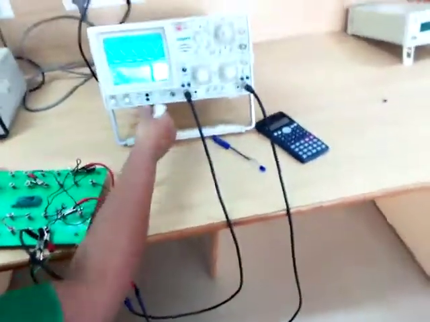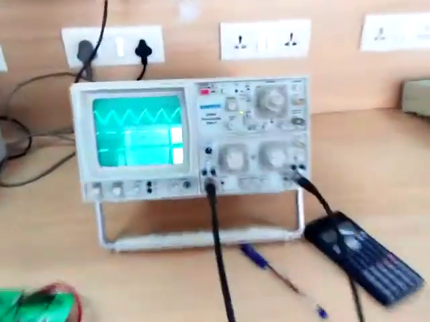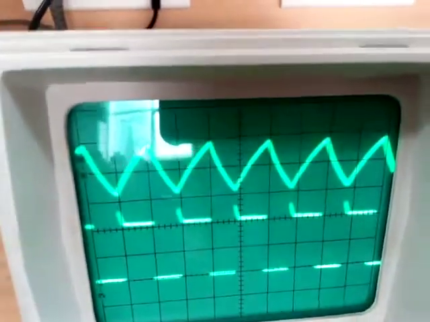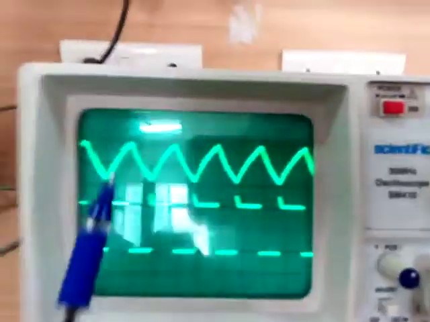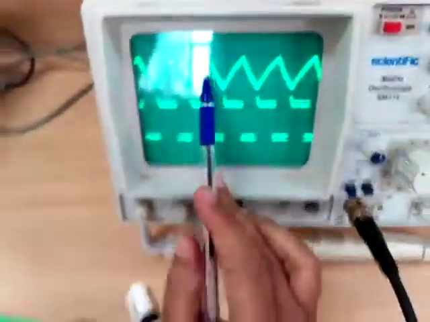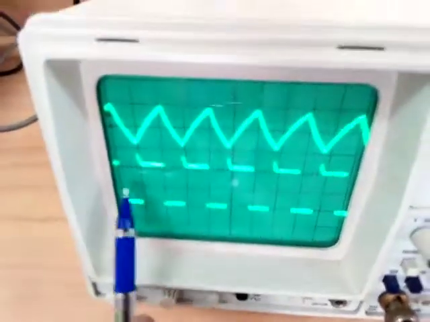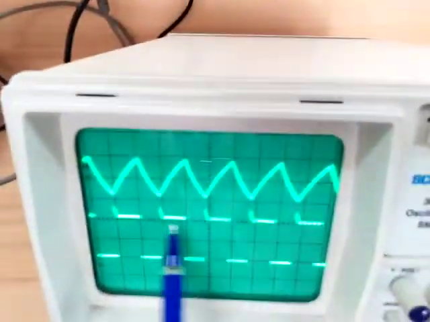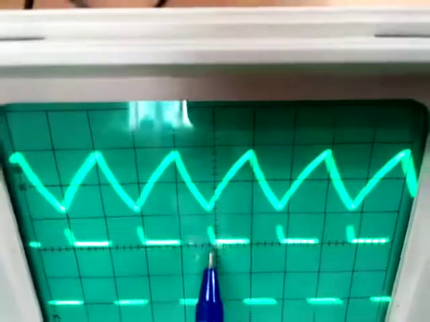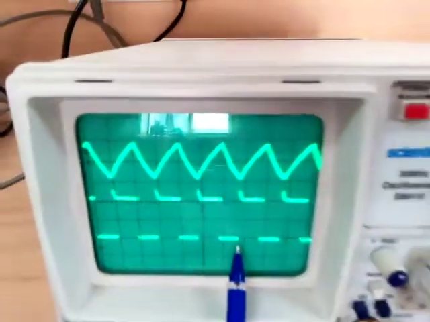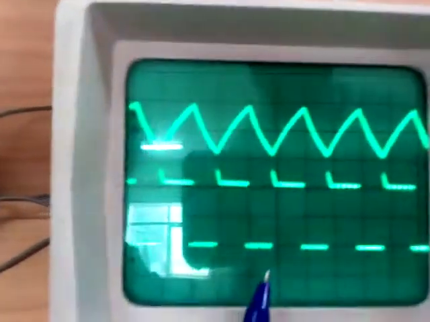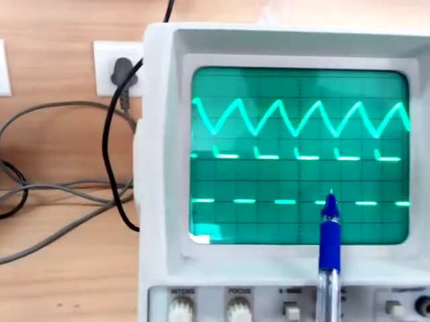I have connected the first channel to pin number 2 and the second channel to pin number 3. So you can observe the charging and discharging waveform on channel 1, and here is the square wave output. You can observe the equal on and off period. Let us measure the on and off period.